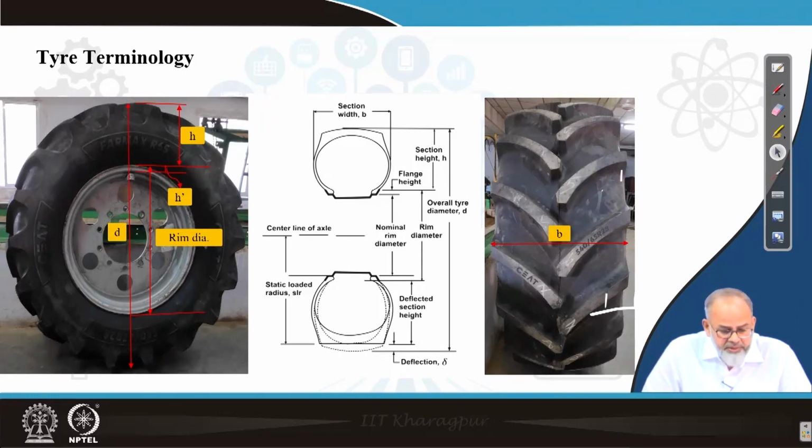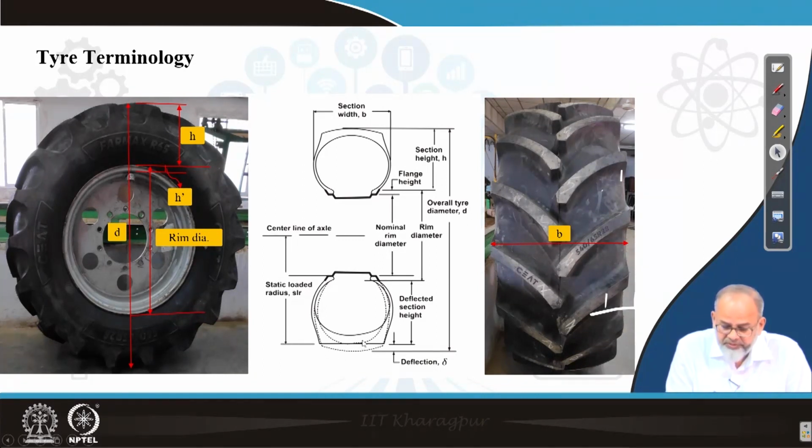We are going to discuss all those in detail. In this figure you can see where I have indicated the different sections like section width, section height, flange height, rim diameter, and overall tyre diameter. In the bottom of the figure, there is some deflection.